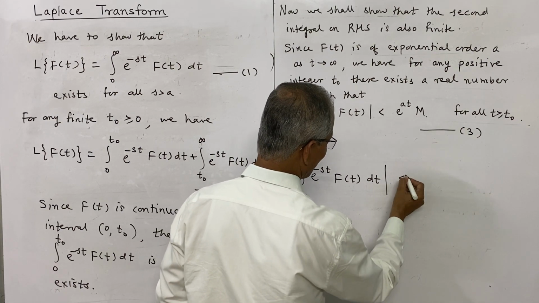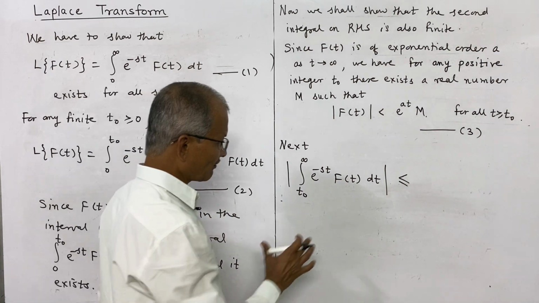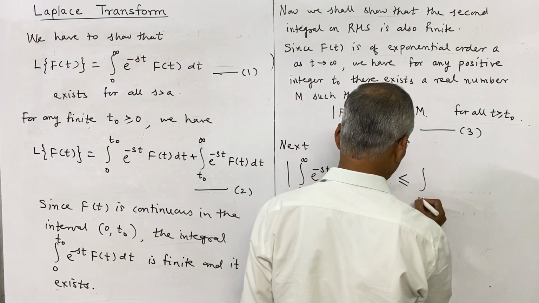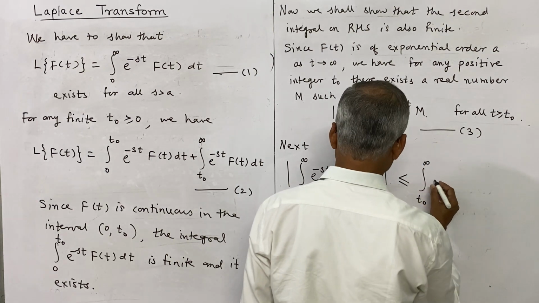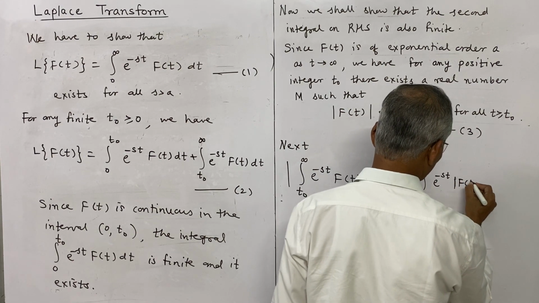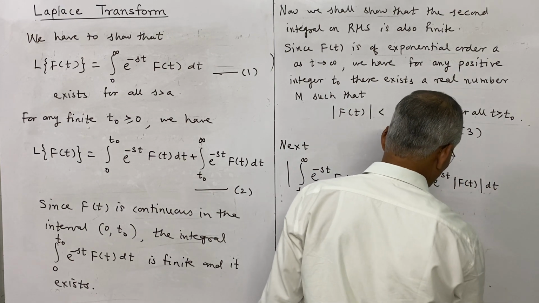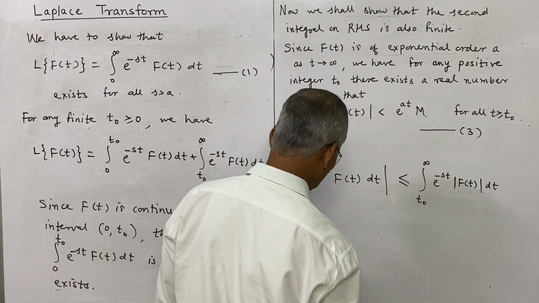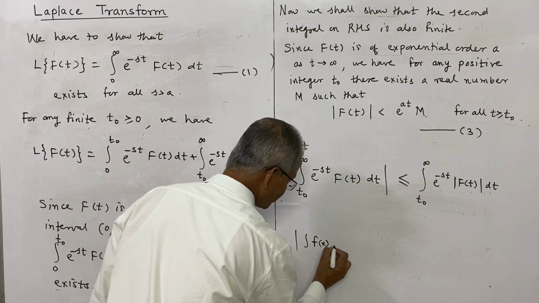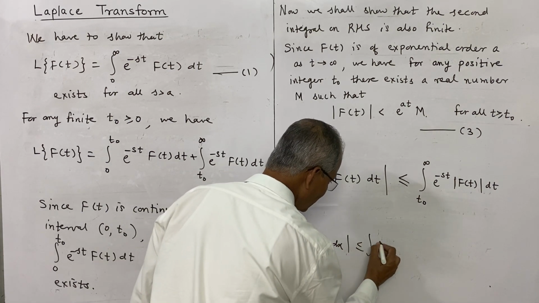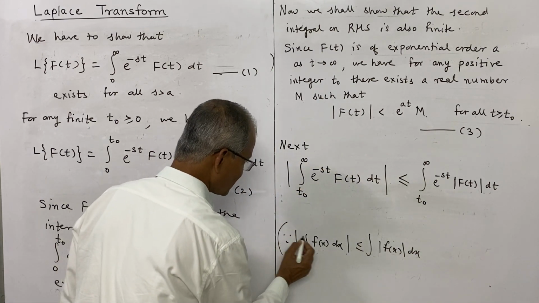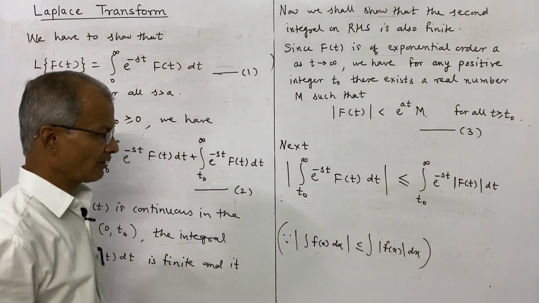Using the property of definite integrals, this is less than or equal to the integral from t naught to infinity of e power minus st times the absolute value of f of t dt. The property is that the absolute value of the integral of f of x dx is less than or equal to the integral of the absolute value of f of x dx.